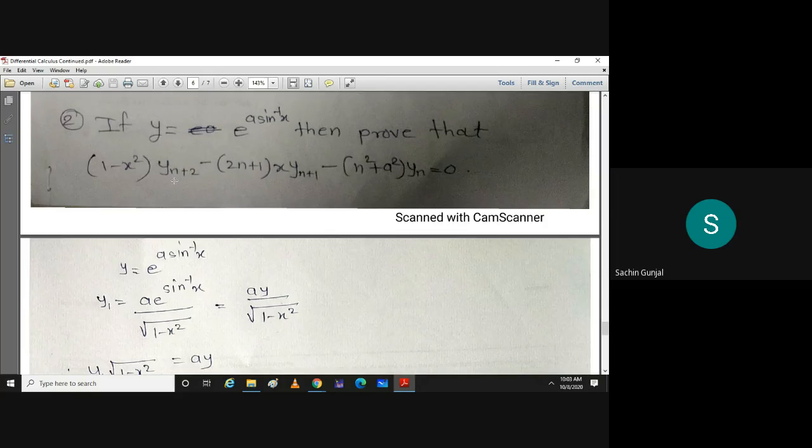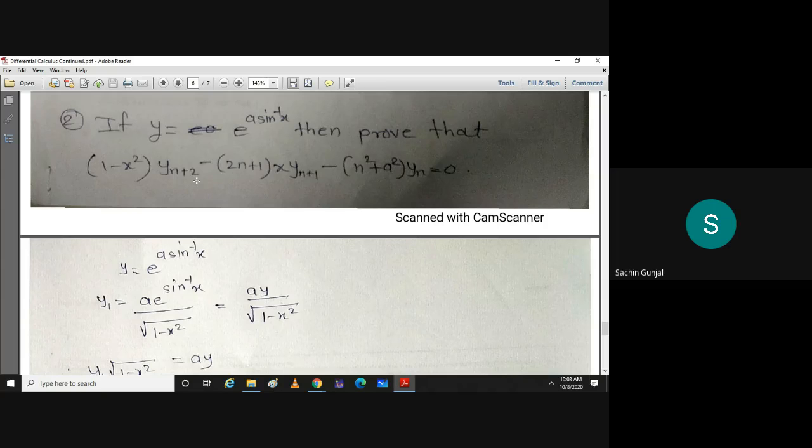It is n plus 2, isn't it? If you apply the Leibniz rule to the expression containing the first derivative only, then at max you will get n plus 1 derivative, right?